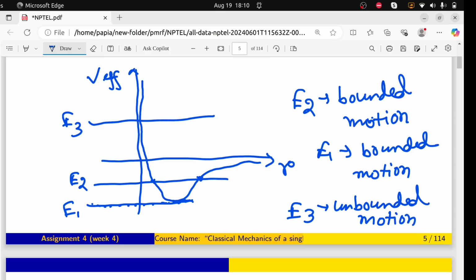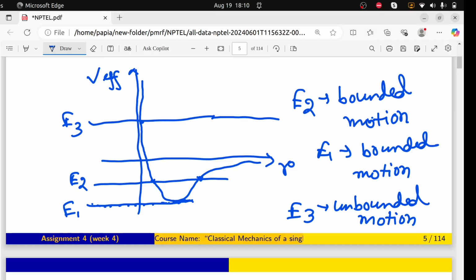Why is it like that? Because you can see that for E3 we are having only 1 point as R minimum, but there is no R maximum, where it is cutting. We are having only one turning point for E3, but for E2 we are having 2 turning points. So that means E2 and E1 are giving the bounded motion, but E3 is giving the unbounded motion.